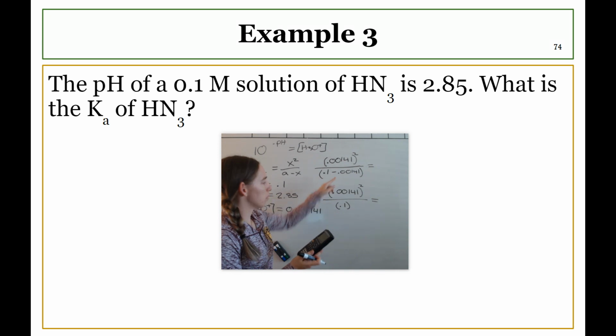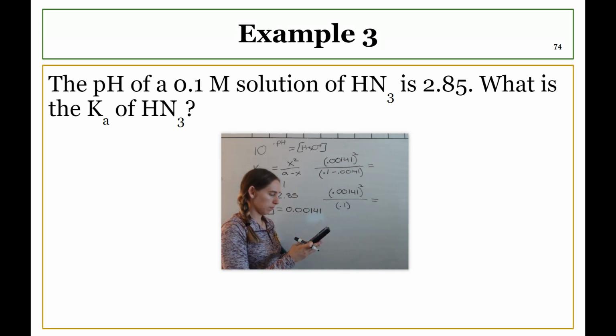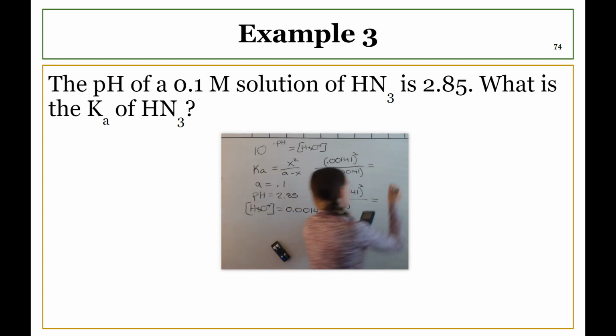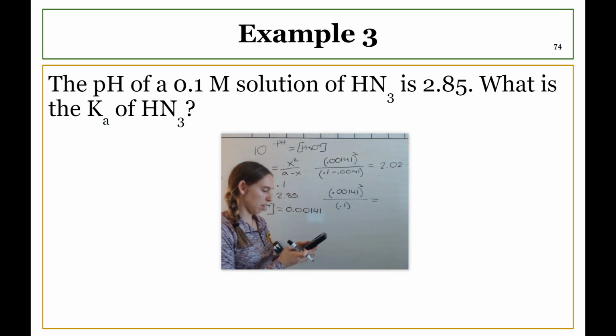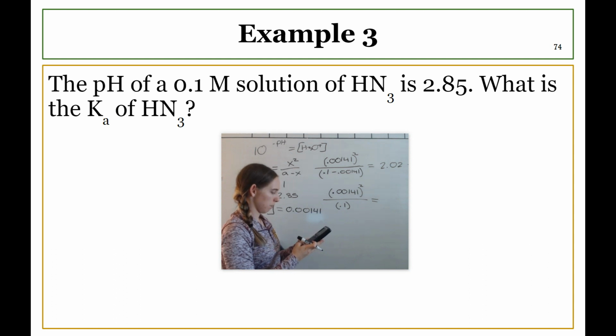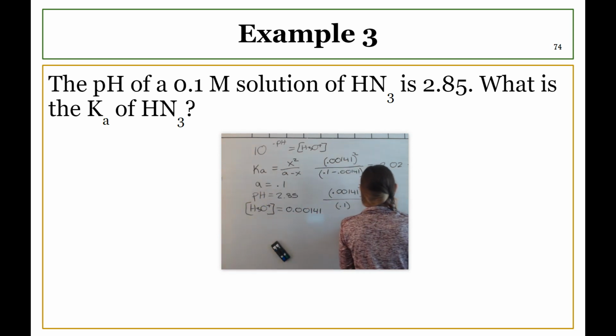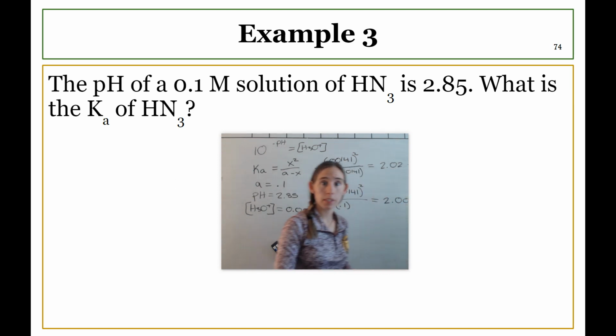Okay, so for the first one up here, we have 2.02 times 10 to the negative 5. Now for this one, without the x in the denominator, it rounds to 2.00 times 10 to the negative 5.